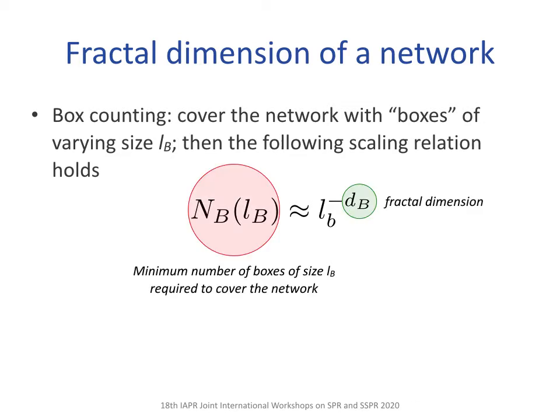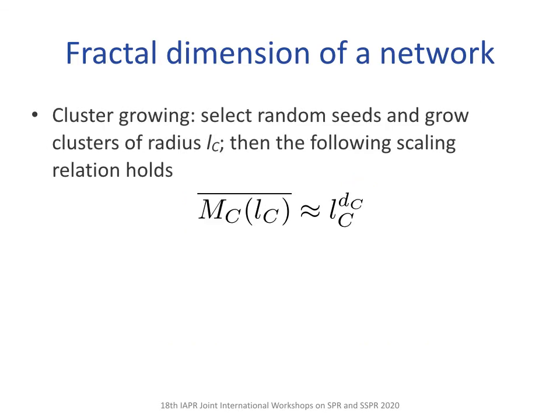So NB is the minimum number of boxes of size LB required to cover the network, while DB is the estimated fractal dimension. This is indeed a simple and widely used method. However, it's easy to see that it can be mapped to an NP-hard graph coloring problem, and as such, well, it's hard to solve and requires us to look for a locally optimal solution using some sort of heuristic.